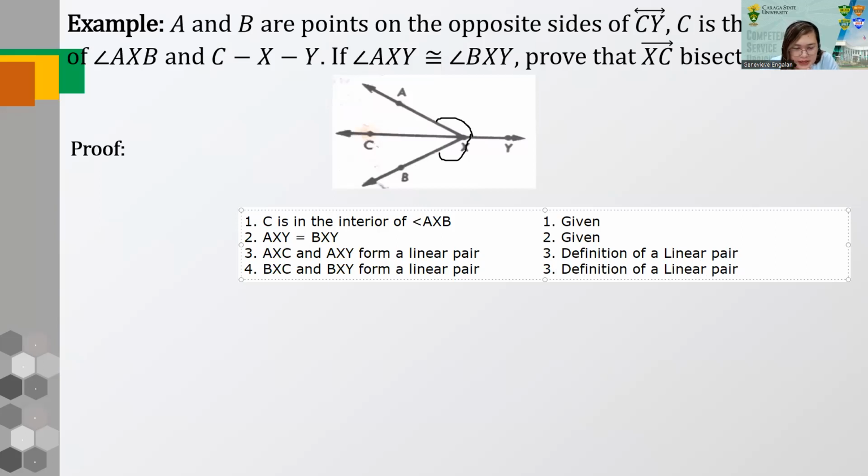Next, since they are linear pairs, what follows? They are supplementary. So angles AXC and AXY are supplementary angles.